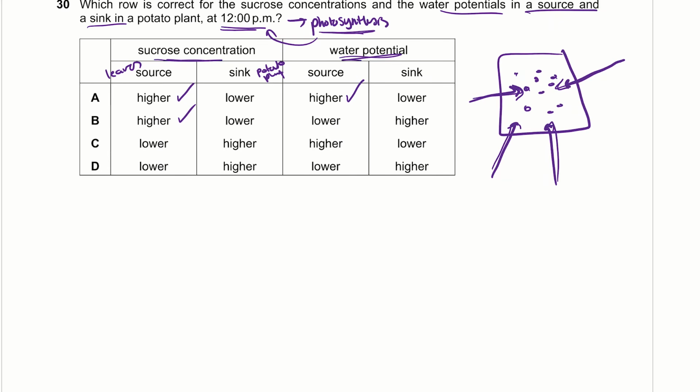Therefore, the water potential inside cells actually increases, and turgor pressure obviously increases. And the second reason is that at 12 p.m. the stomata are open, therefore allowing evaporation. Therefore, the water potential must be higher at the source. Therefore, the answer is going to be A.